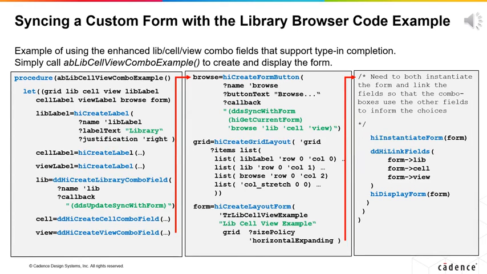So in this particular case, we call HI instantiate form with the layout form we created. And then we call DDHI link fields for the form lib, cell, and view fields. And then finally, once we're done with that, we call HI display form.